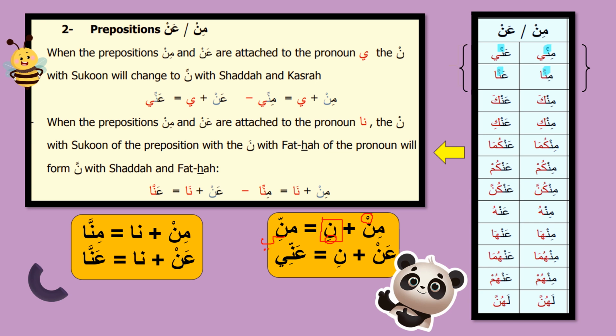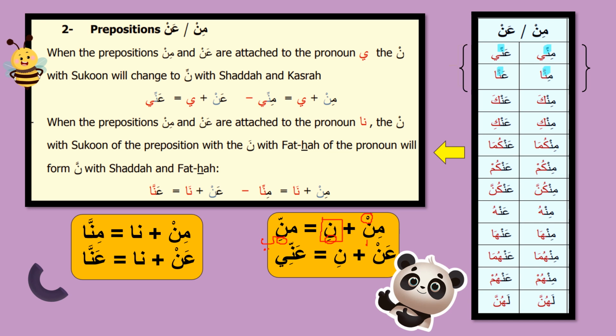Because of this ya, the ya mutakallim comes with a kasra before it. So that's why another noon came with a kasra, because the harf jar min is getting attached with the ya mutakallim. So there are two noons.